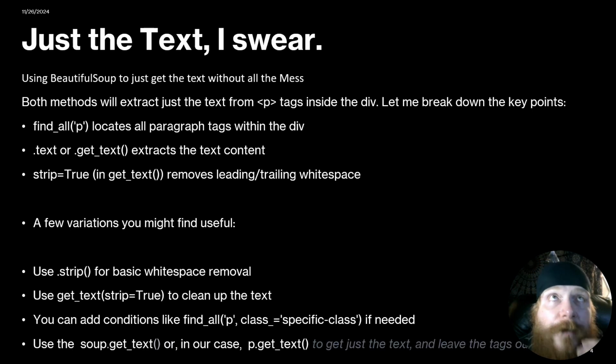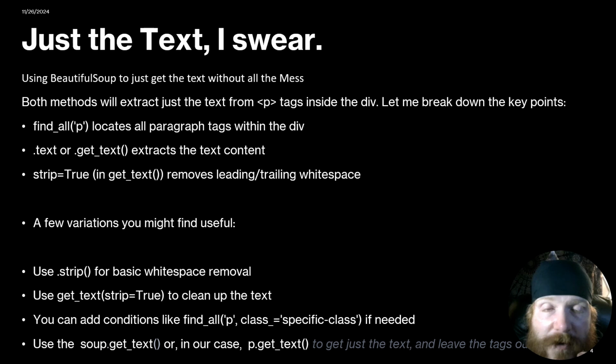To get just the text, we can use the find_all method, which is the same as a function. A method is just the object-oriented way of saying function. The P is for paragraph tag, which Beautiful Soup knows when you import it.